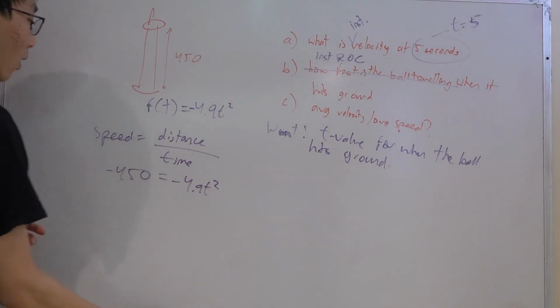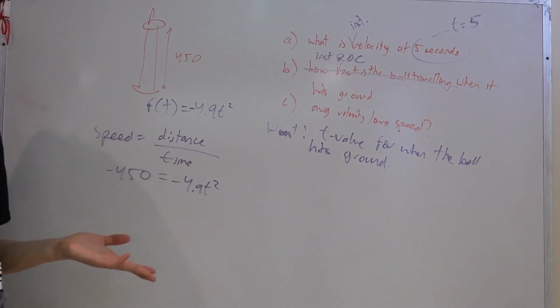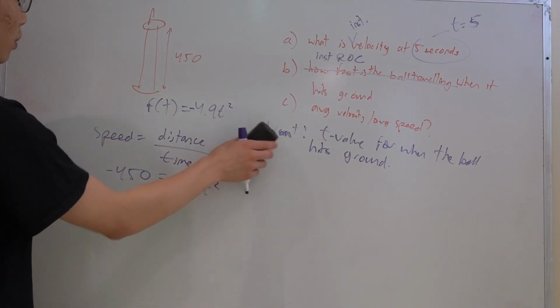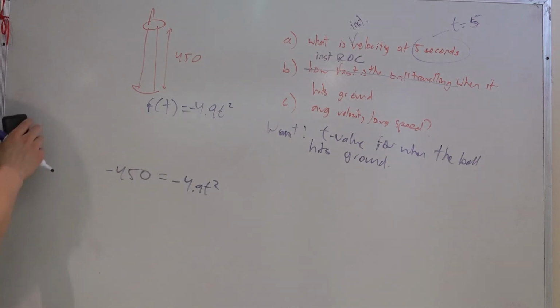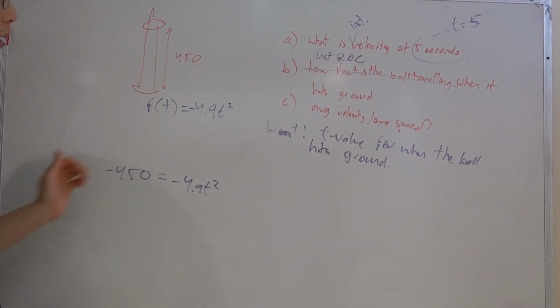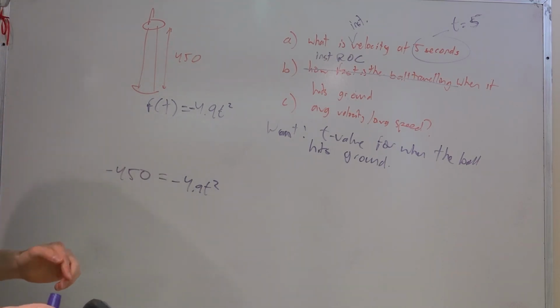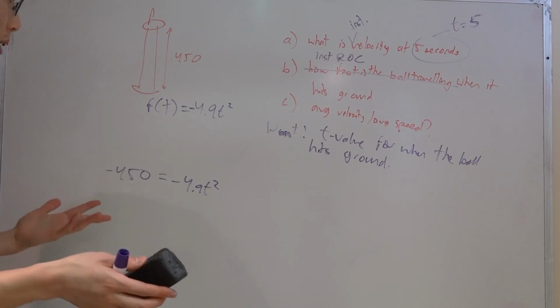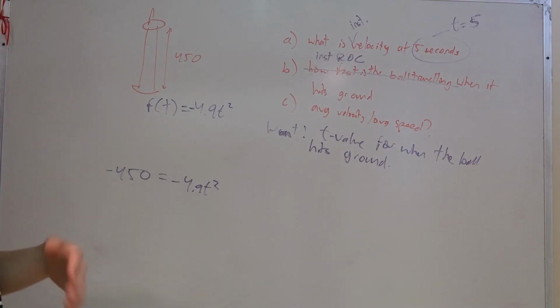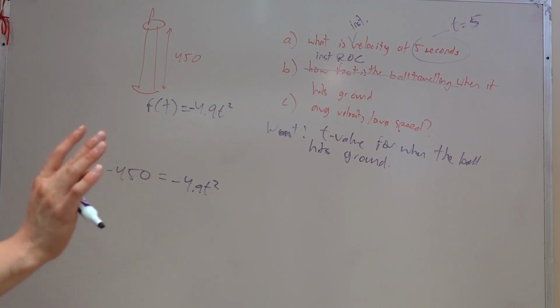Notice how I wrote this thing down here and I never ended up using it. That's fine. It's almost always a good idea when you don't know how to approach a question to just write down everything you know about all the variables involved. If it's a question about speed, distance, time, let's just put down the relationship about speed, distance, time. Eventually, the hope is that you become so good at solving these questions, you don't even have to waste time doing that. But if you're still struggling, that's always a good first step.